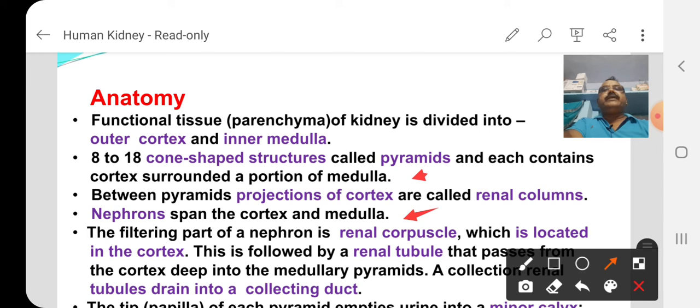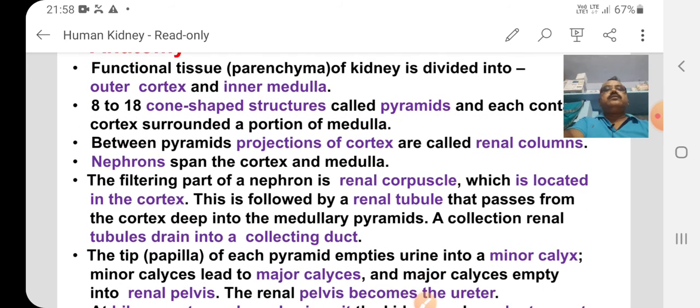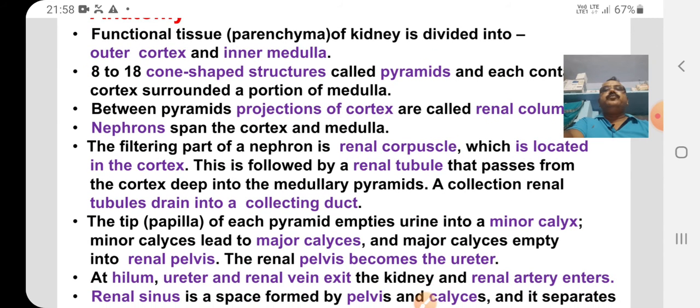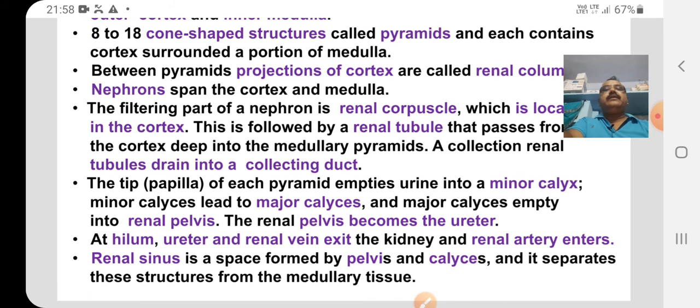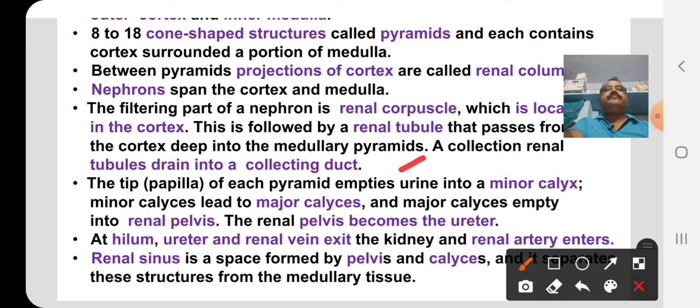The filtering part of the nephron is the renal corpuscle, which is located on the cortex. This is followed by renal tubules that pass from the cortex deep into the medullary pyramids. A collection of renal tubules drain into a collecting duct. The tip of the papilla of each pyramid empties into a minor calyx.